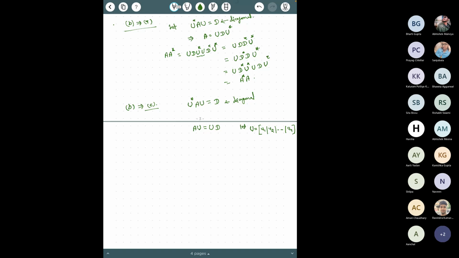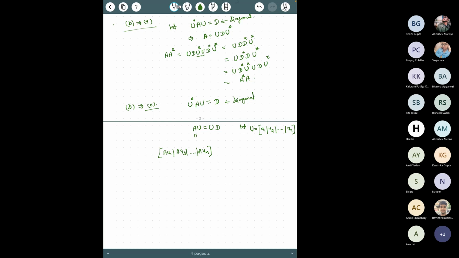Then what is the left-hand side? The left-hand side is AU, so I can multiply column-wise. The first column would be Au1, the second column would be Au2, and so on. The last column would be Aun.